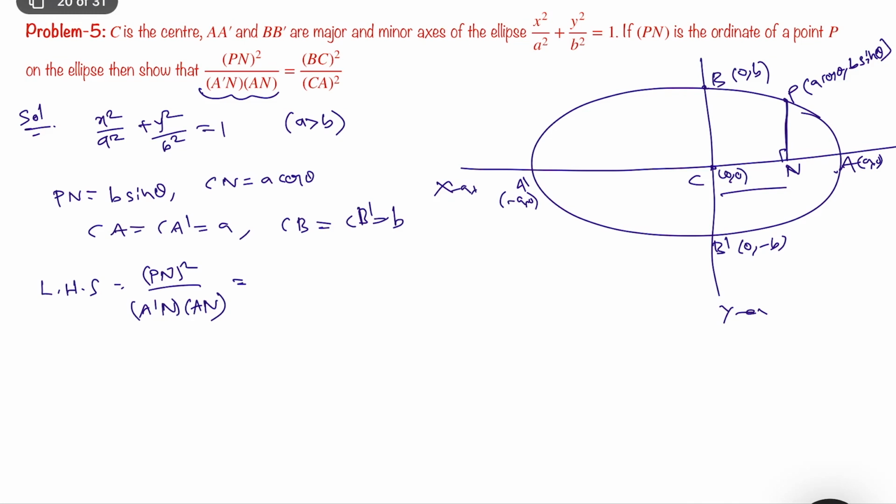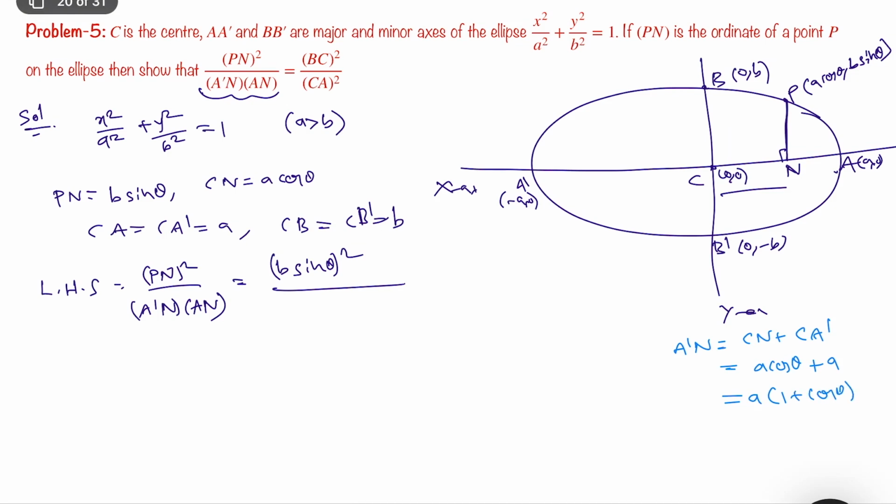The numerator PN is the ordinate of the point P, that is B sin theta, whole square, by A dash N. Here this A dash N we can write as CN plus CA dash. That is, CN is what? A cos theta, CA dash is A. So it is going to be A times (1 plus cos theta).